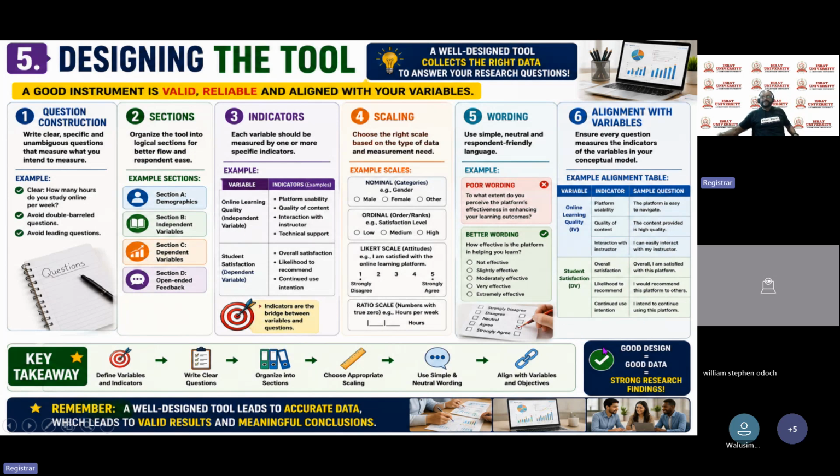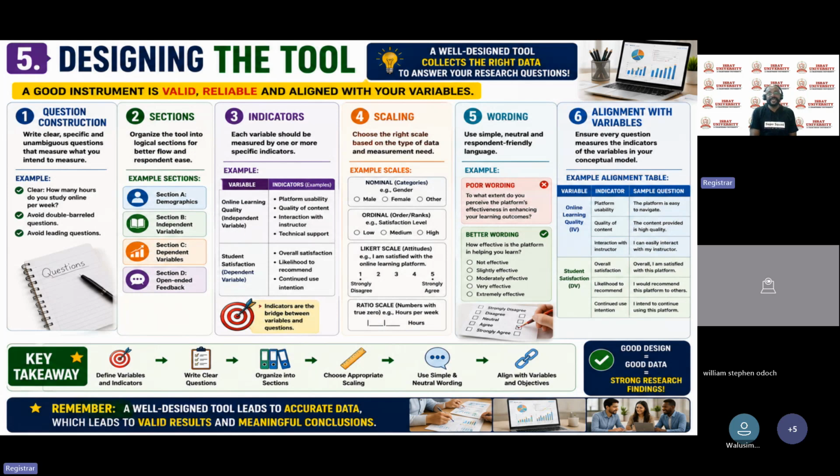Then if you look at student satisfaction: the overall satisfaction, are you going to recommend the platform to other people, are you going to use it continuously? I take much more time to explain each board, because if we rush on these boards, it becomes a skating board for us, where we are untrained and the chances of falling down are high, and your data collection will not be proper because the tool designed is not proper.